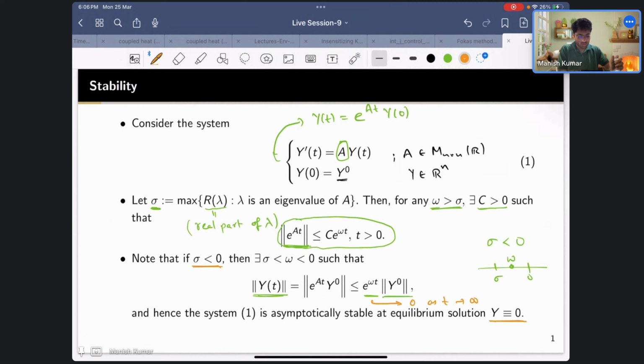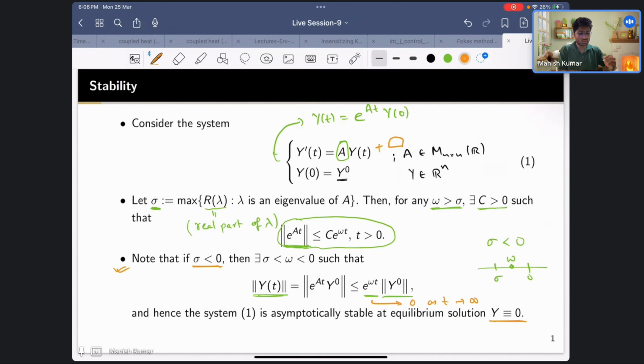Now the question is, suppose the matrix A does not have this property, that is, the maximum eigenvalue is either 0 or greater than 0. So if the eigenvalues are non-negative, then it is not stable. Our goal would be to add some term here, which will be the control that we can provide to the system.